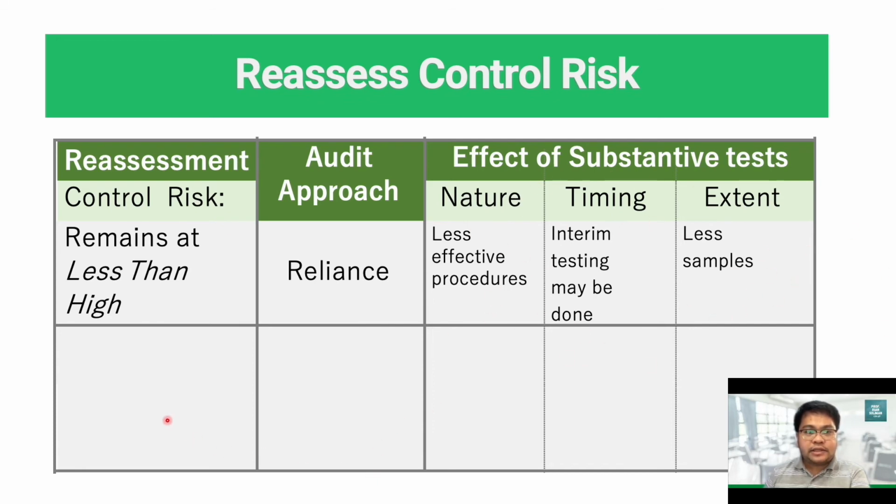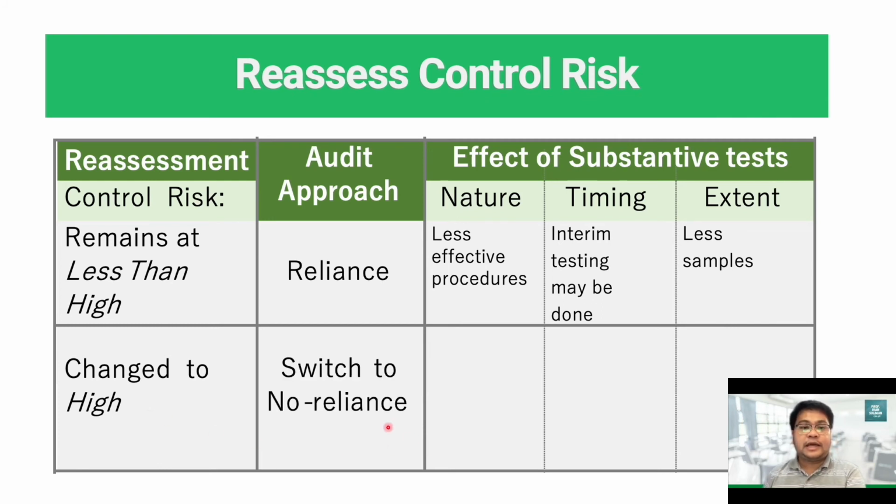Now, let's say we change our assessment to high control risk. When we reviewed the control of the client, we found it to be designed effectively. But when we tested the control, we found out that it is not operating effectively. We found many deviations or exceptions in our test of control. Then we will switch our approach to no reliance.